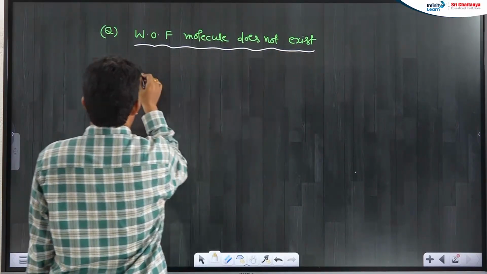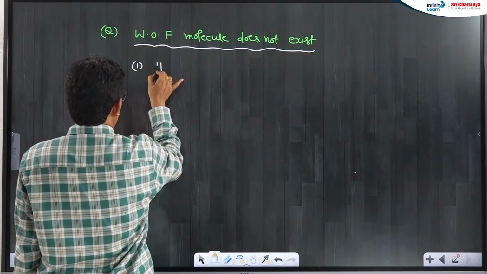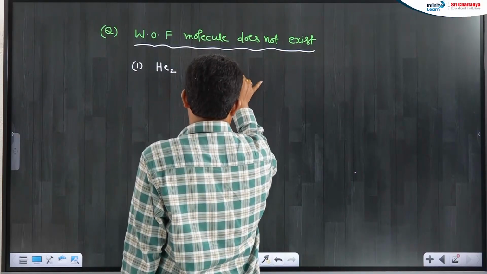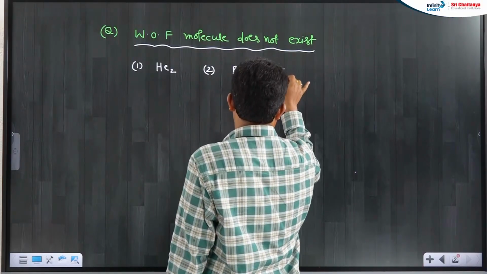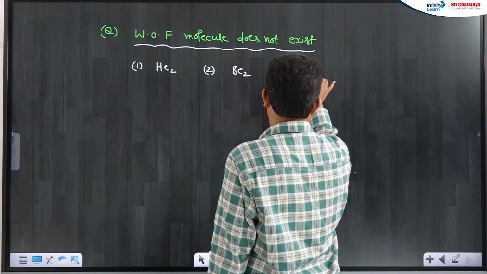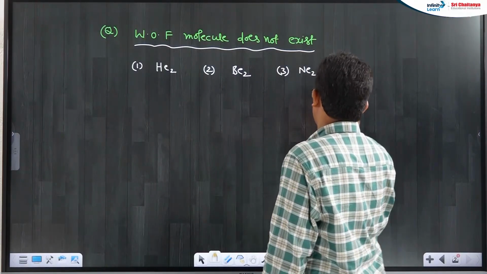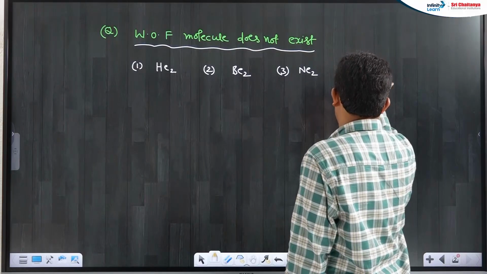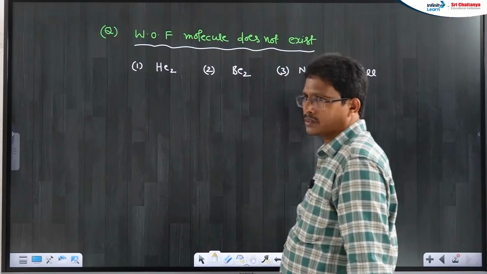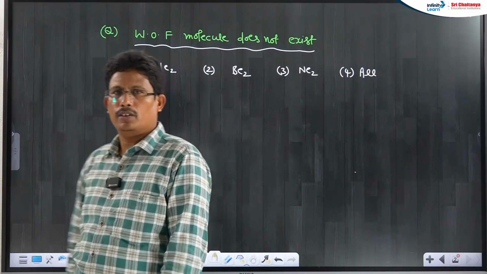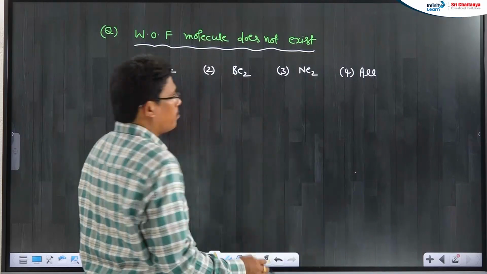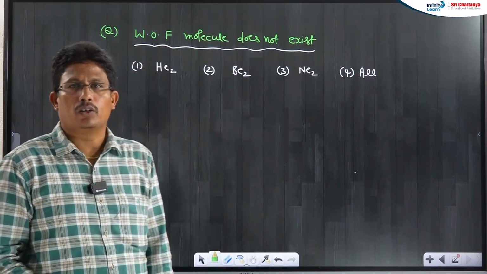The options are: He2 molecule, second Be2 molecule, third Ne2 molecule, fourth all. If bond order becomes 0, then the molecule does not exist.